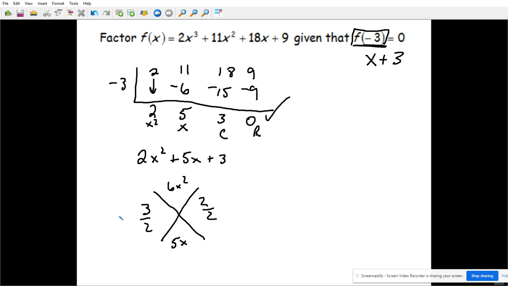So I take the denominator, put an x after it, add or subtract the numerator. This is how I showed it back in chapter 4. We've got to make sure we reduce this. So this would be the other two factors for that problem.